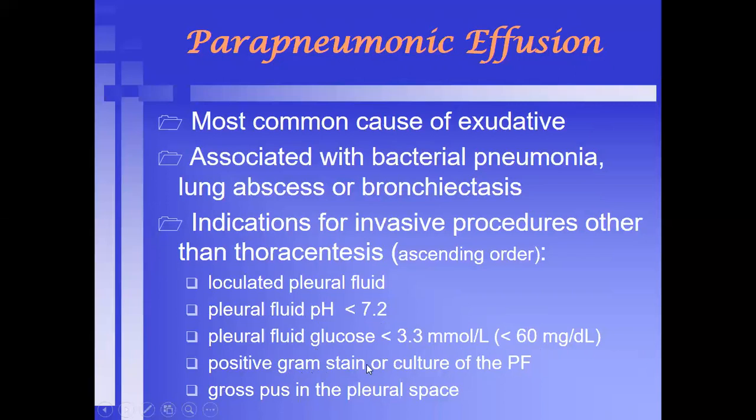Definitely, if you see a positive gram stain or culture when you do your analysis, then you would have to request an invasive procedure. And also, if you see gross pus in the pleural space, then again, you have to proceed with CTT insertion.